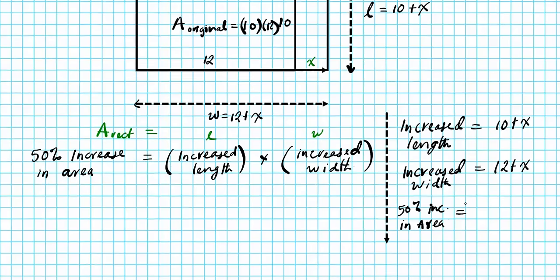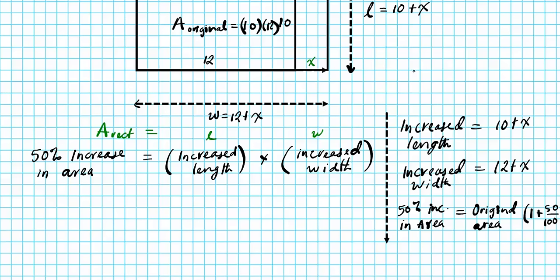So original area times 1 plus the percent increase in decimal form, or we could write it as a fraction, 1 plus 50 over 100. So 50 is the percent increase, divide that by 100. All right, so that is how we will calculate our 50% increase.